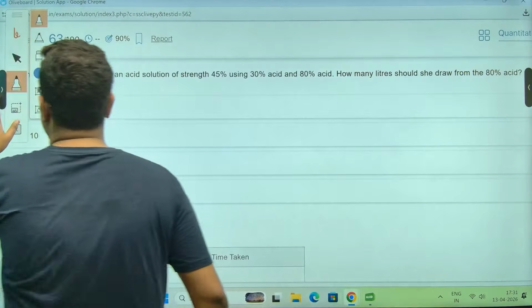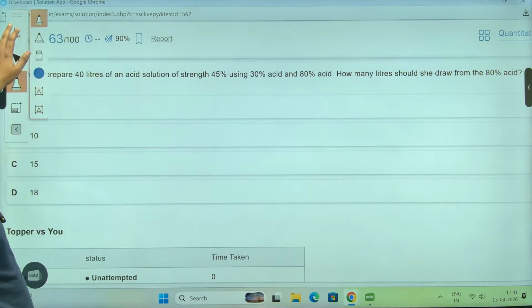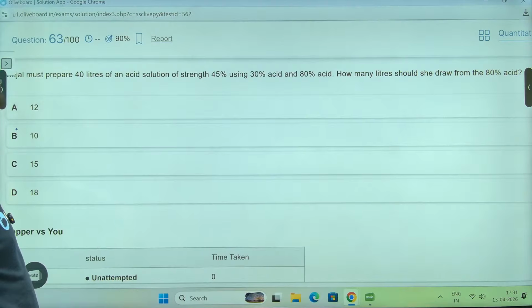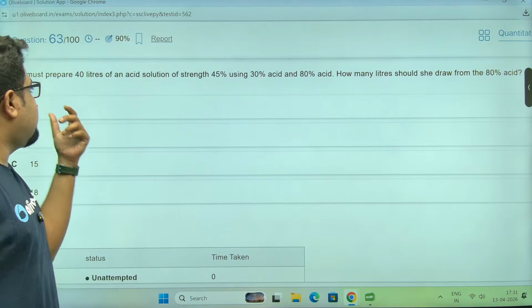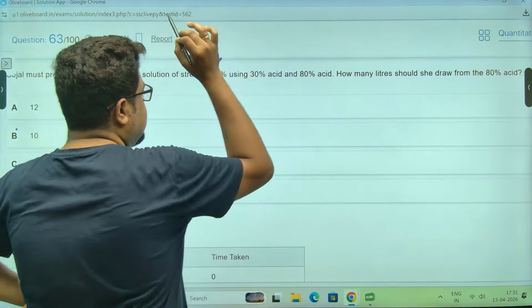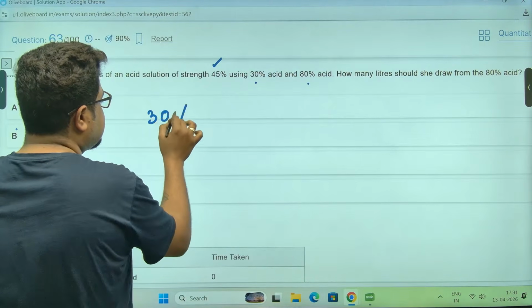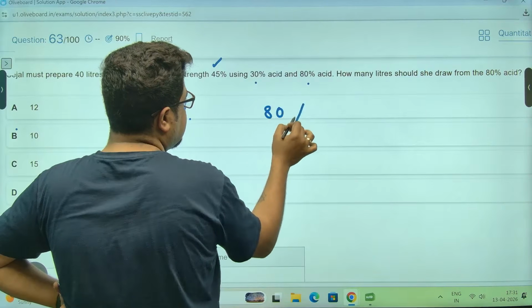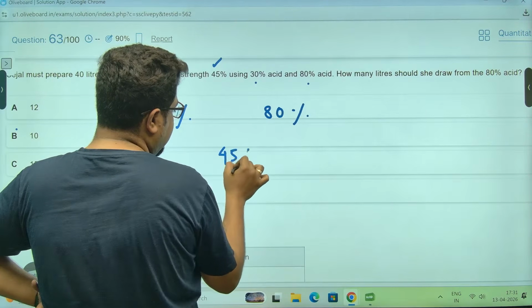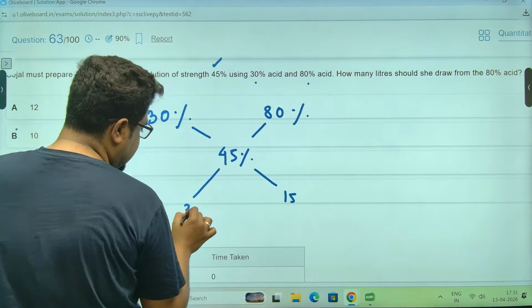Next one. CGL. So I guess you cannot see this. CGL must prepare 40 liters of an acid solution of strength this, using 30% acid and 80% acid, by alligation. The resultant must be 45%. 15 here, 35 here.